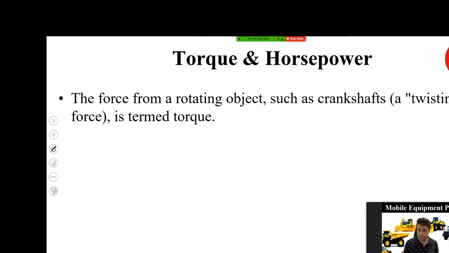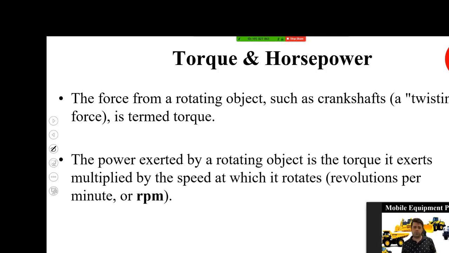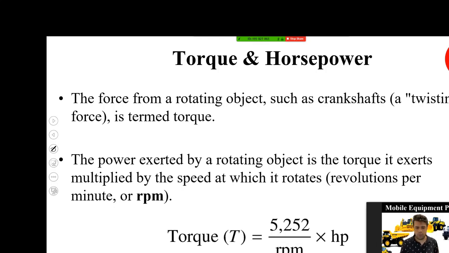with different speeds, and it is directly related to how fast that object is rotating. So the speed of rotation could be measured with revolutions per minute, or RPM.